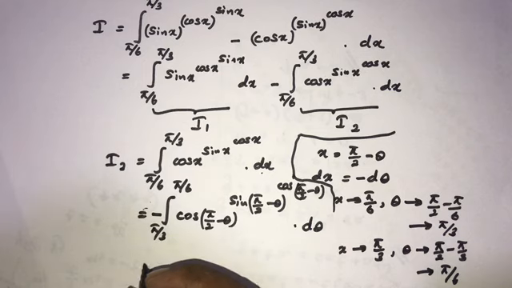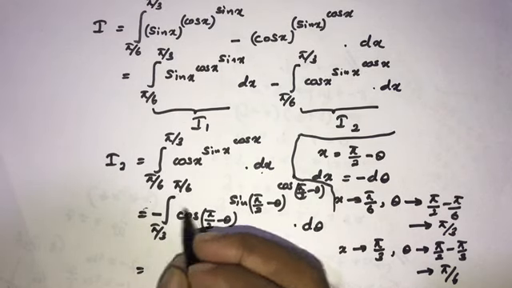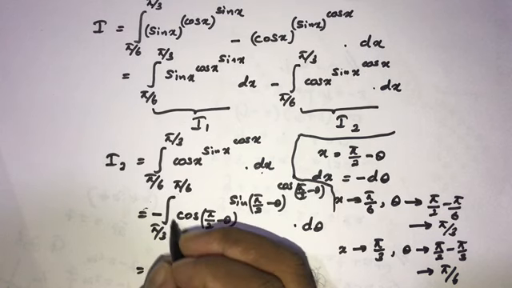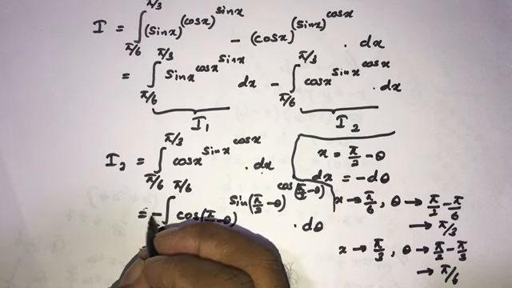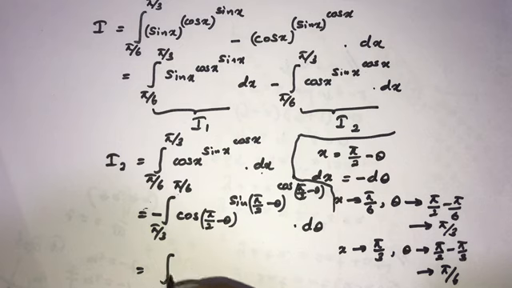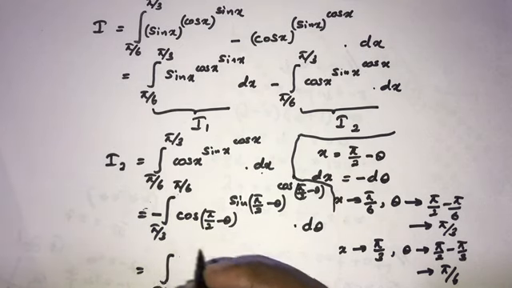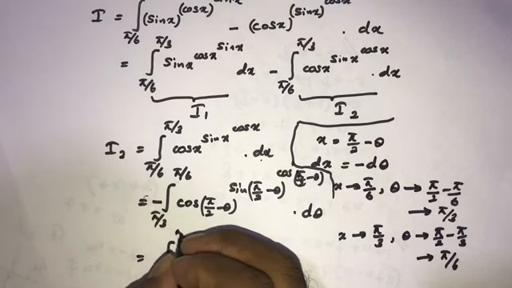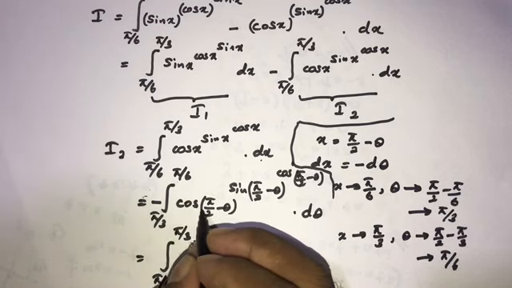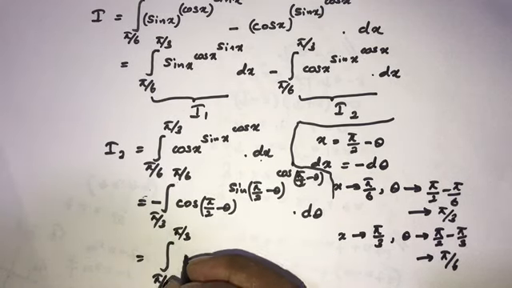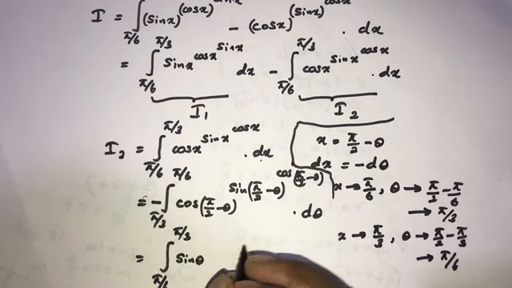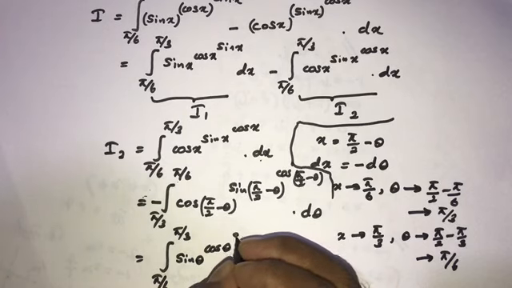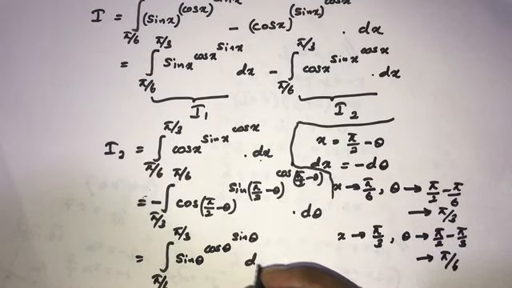Okay, now we can change the limits, upper and lower limits. So when we change the limits, this minus gets cancelled, so we can write π/6 to π/3. Now we know cos of π/2 minus θ is equal to sin θ, and here cos θ and sin θ dθ.